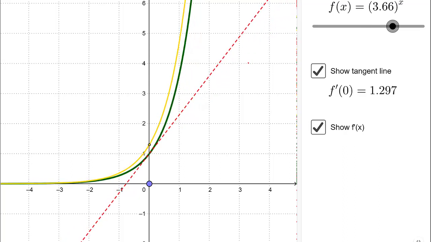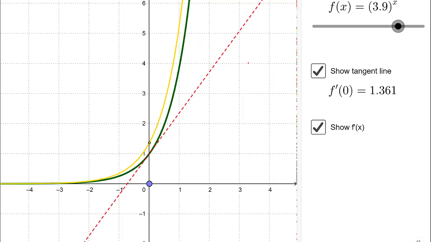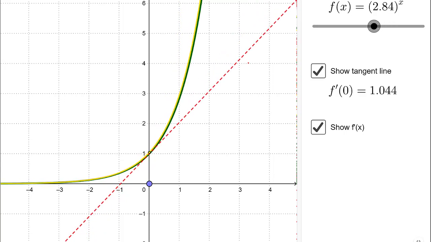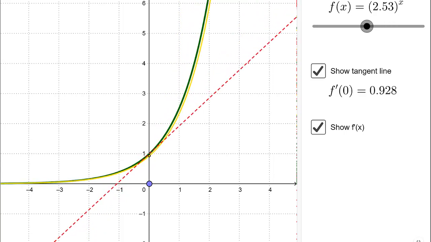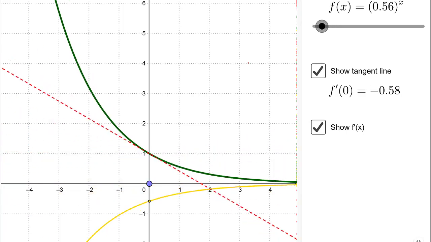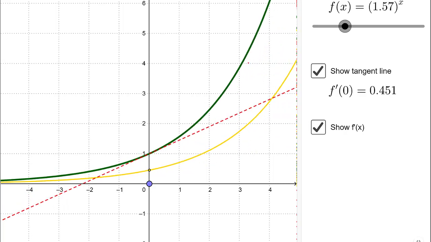So e is that number that makes the slope of the tangent line equal to 1. And it just so happens that when the slope of the tangent line is 1 there, that's when the function and its derivative match up. All right, so the derivative of e to the x is e to the x.